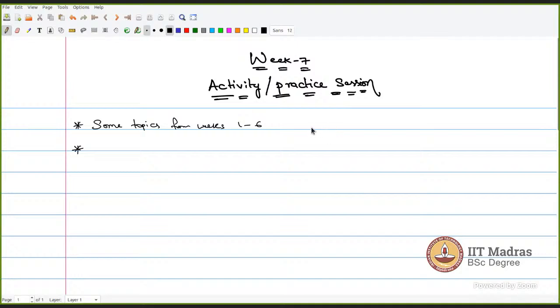Okay, consider the function f of x equals log to the base 2 of 12 plus 4x minus x squared. Right? Yes, sir.